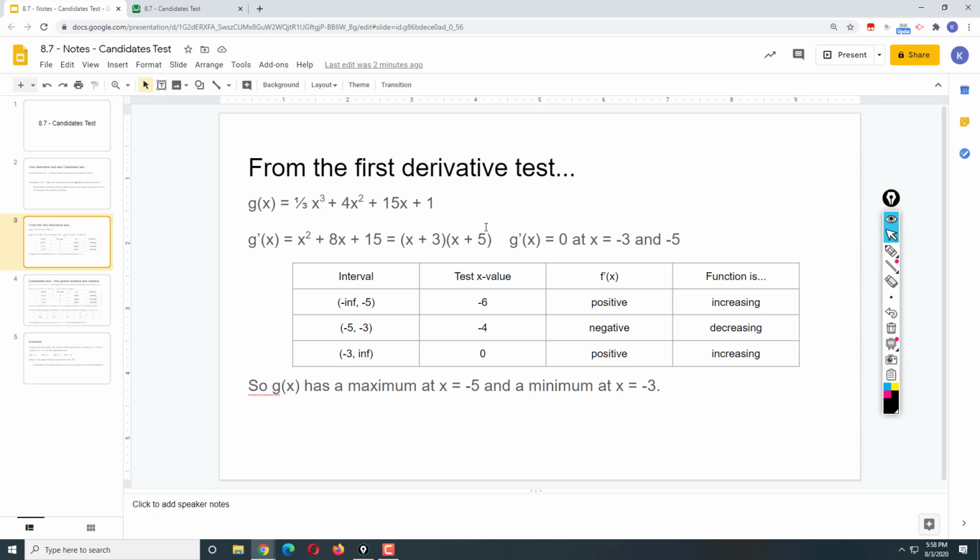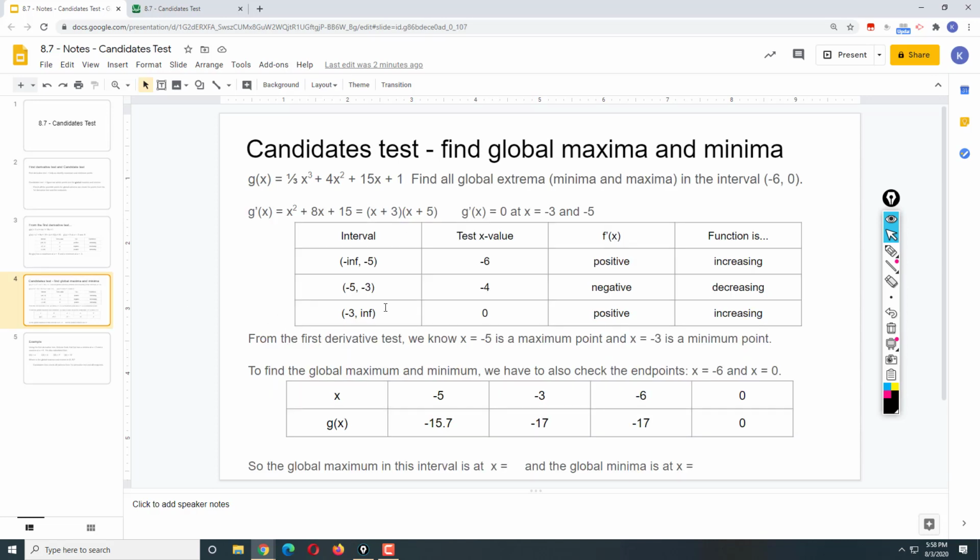In our last video, we analyzed the function g of x equals 1/3 x cubed plus 4x squared plus 15x plus 1. We found that at x equals -5, there's a maximum, and at x equals -3, there is a minimum. That's the first derivative test.